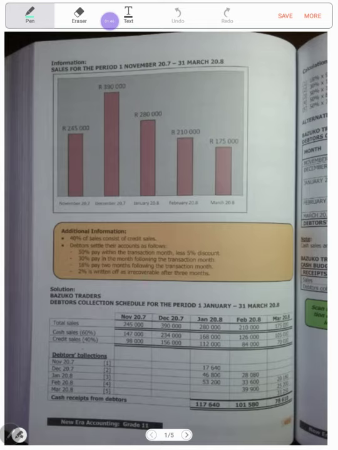The most important information that you will need when you are completing a debtors collection schedule is the terms of how they have determined through past experience how their debtors pay.